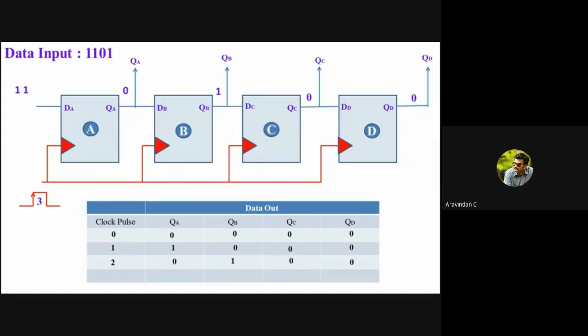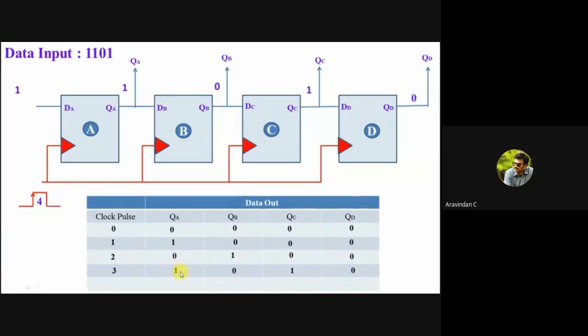Next, we are going to apply the third clock pulse. What is happening? The third input data is entered like that. QA becomes 1, QB becomes 0, QC becomes 1, and QD becomes 0. This third data output becomes 1, 0, 1, 0. This time, this 0 is shifted to here, and 1 is shifted to here, and this 0 is shifted to here. This 1 is the input data.